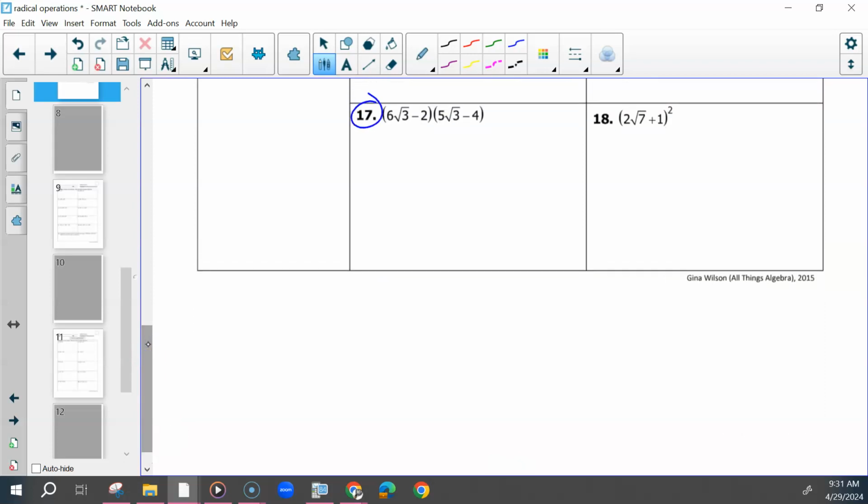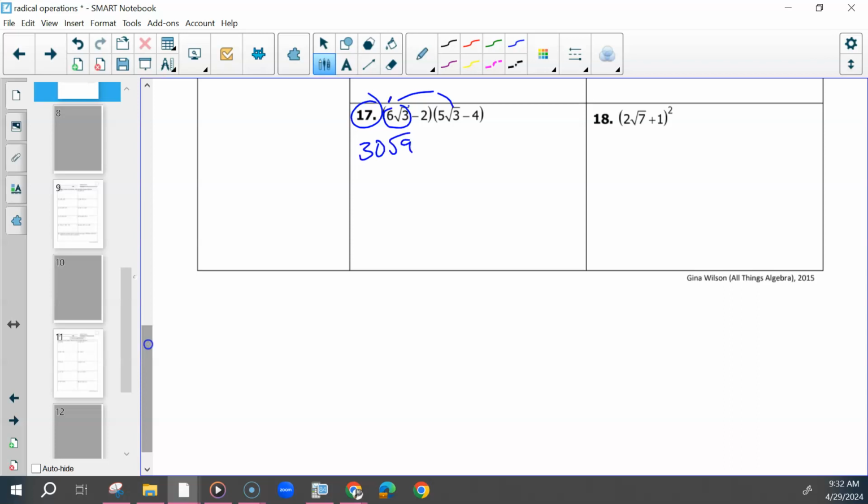So in this, we're going to multiply 6 root 3 to 5 root 3. What would that be? 30 times the square root of 9.